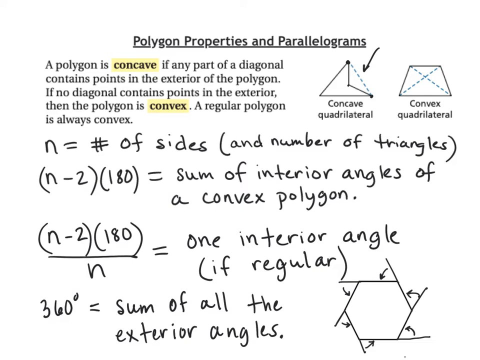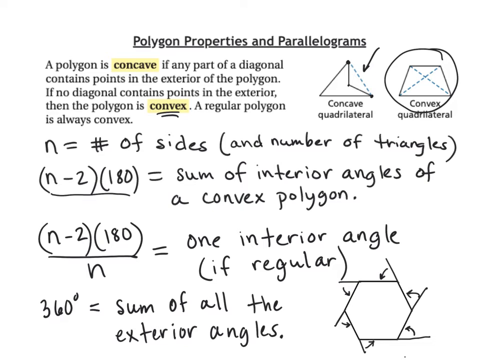That's what makes it caved in. We talk about convex polygons, and in that case, it's just not caved in. N minus 2 times 180 is what you got to know. Remember that n is the number of sides. It's also the number of angles and the number of triangles like we showed on the previous page.